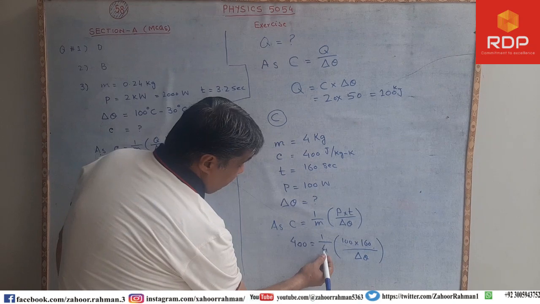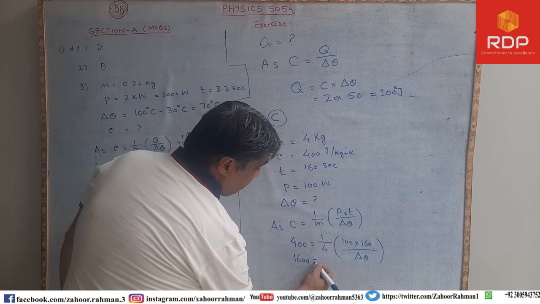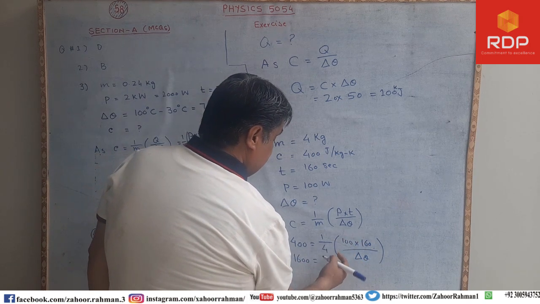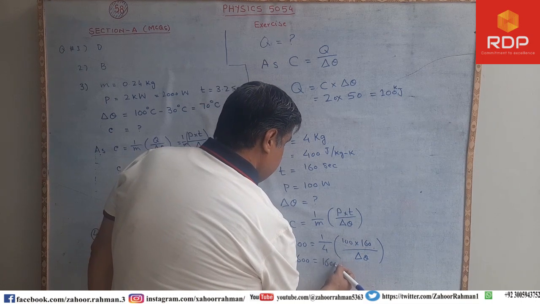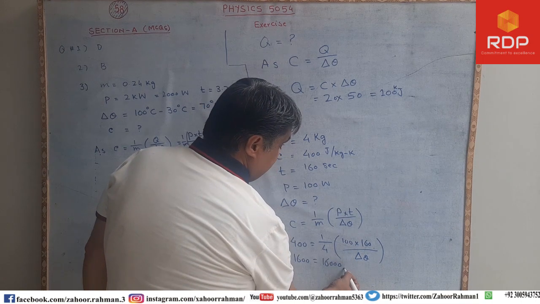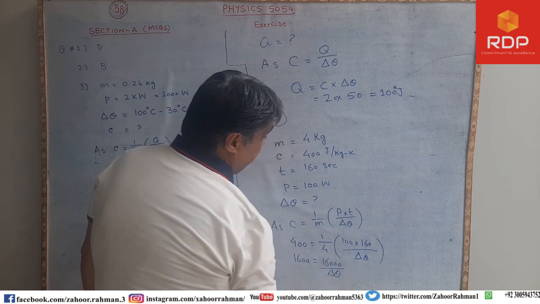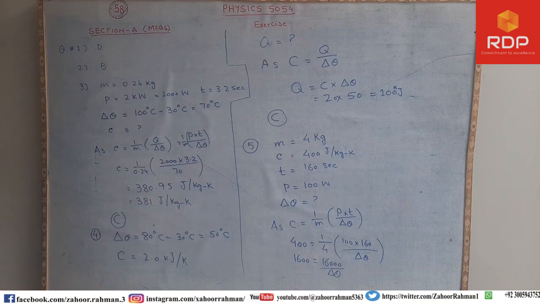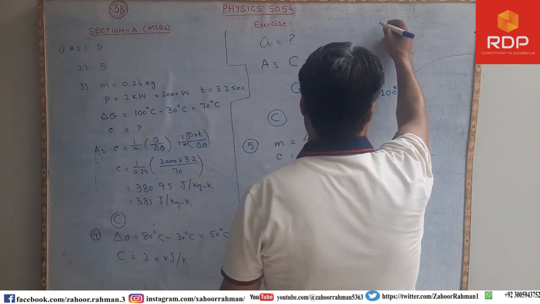So this, when multiplied with 400, and this is 100, it will be 16,000 divided by delta theta. Now we can move delta theta to the 1600 position and 1600 to the delta theta position.